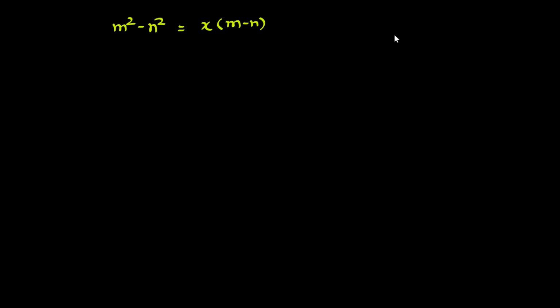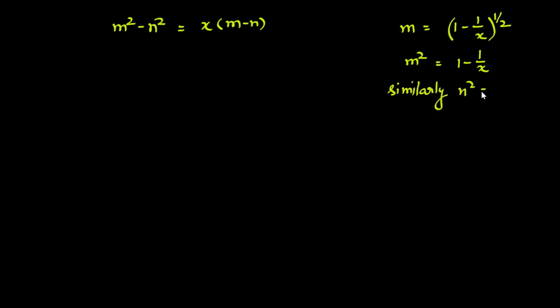Let's solve this here on the side. m is equal to (1 − 1/x)^(1/2). What will be m²? m² will be equal to 1 − 1/x. Similarly, n² is equal to x − 1/x.